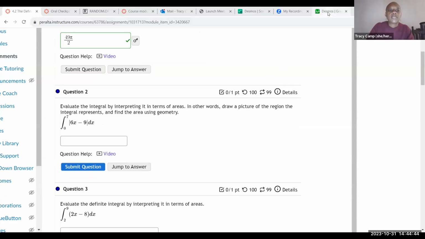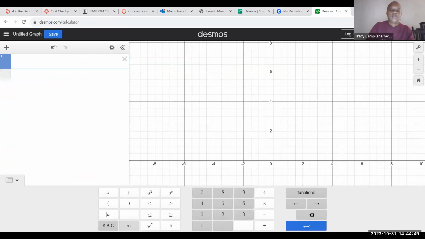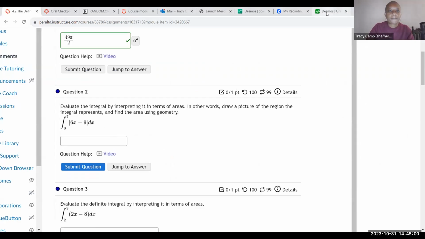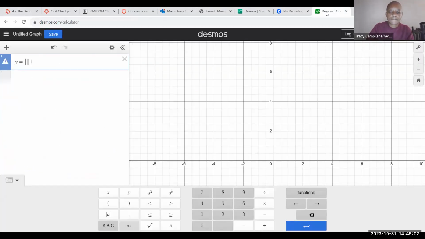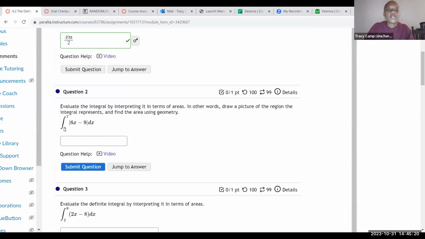So I'm going to go to my Desmos and let's enter this function, y equals the absolute value of 6x minus 9. And we were finding the definite integral from 0 to 7.